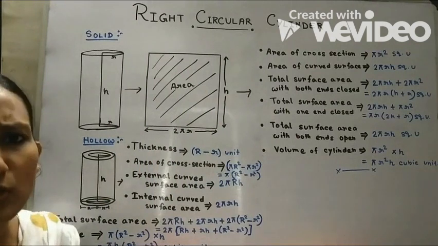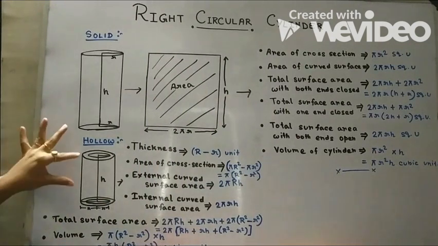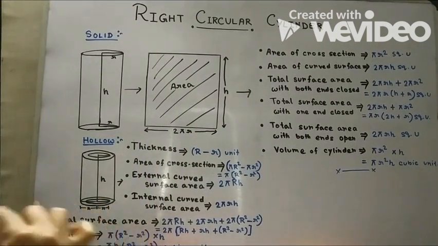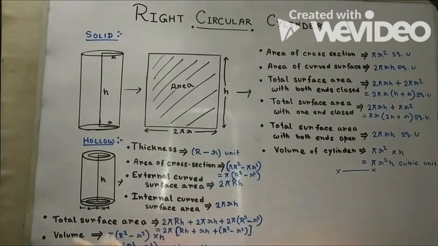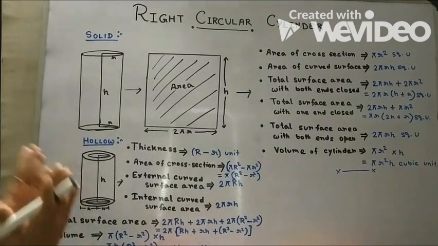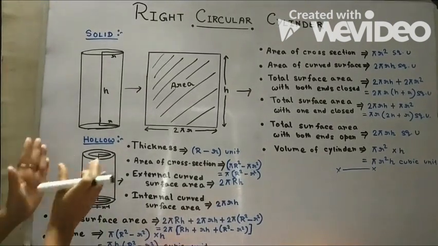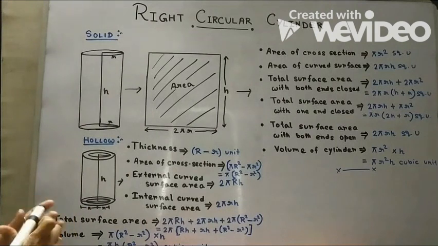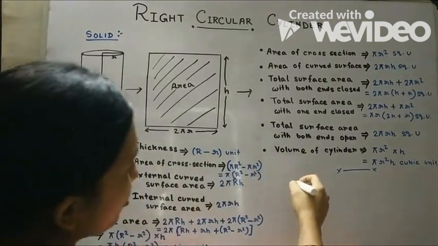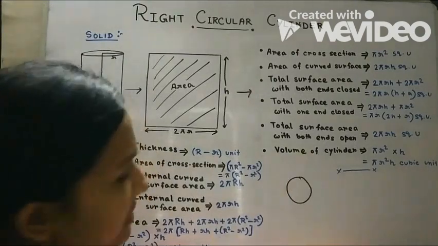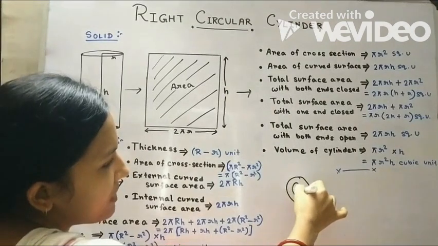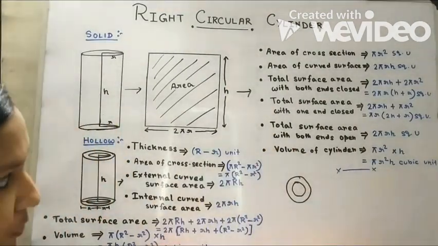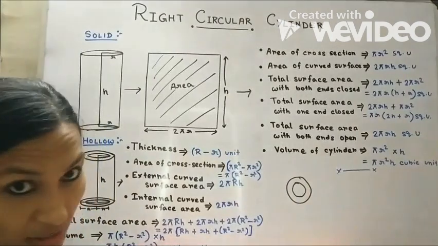A hollow cylinder means there is a thickness, that is, the external radius and the internal radius differ. So here is a hollow cylinder. You all studied about a ring, I guess. This is a circle, and if there is another circle inside it, it is called a ring, right?